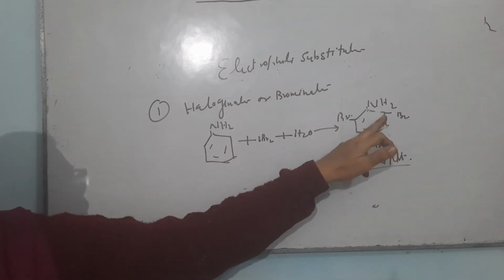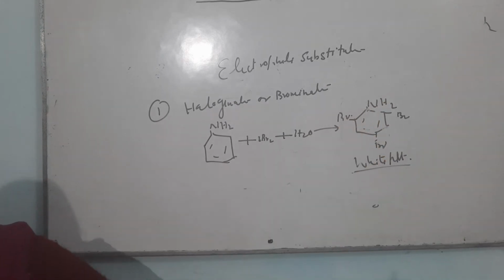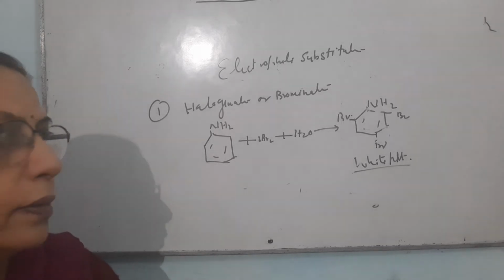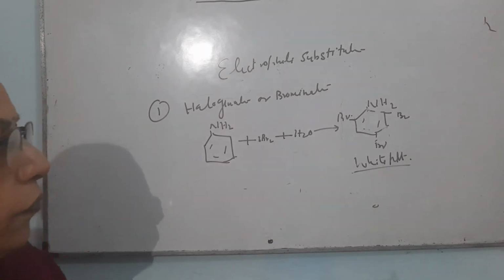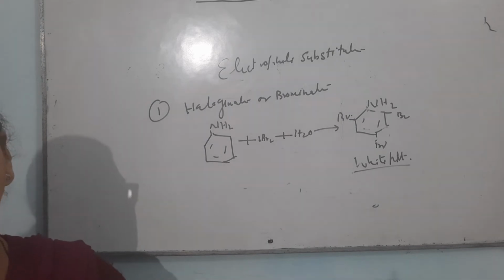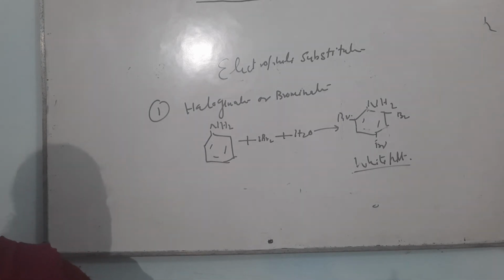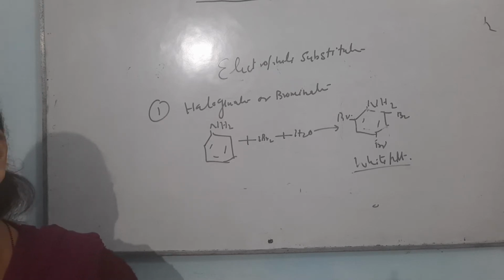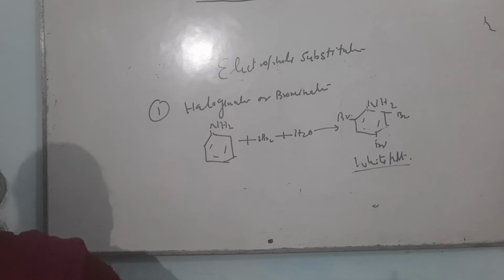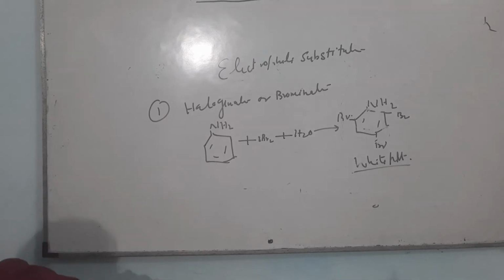This NH2 is to be protected. After that, the reaction is done with halogen and then hydrolysis of the product is done. So we get ortho and para mono-substituted products. So let me write the reaction.